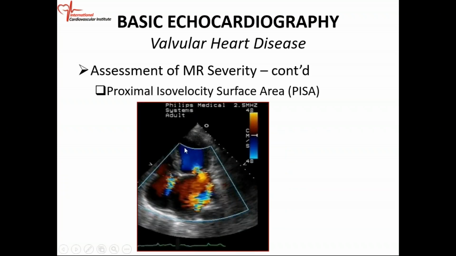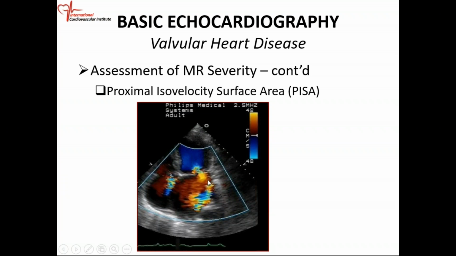So this is an actual case. So this is the flow convergence with your hemispheric shell. Just adjust a baseline shift of your velocity and you get a nice hemisphere, and you just measure the radius, just the radius.